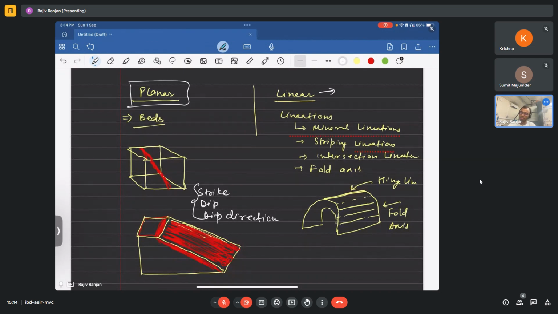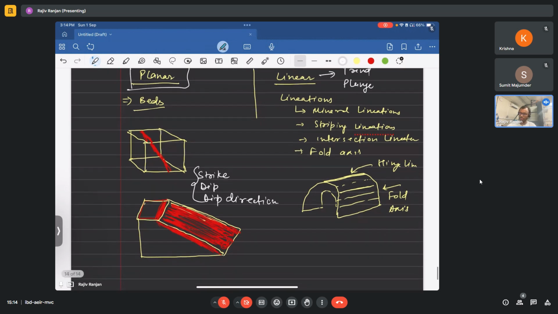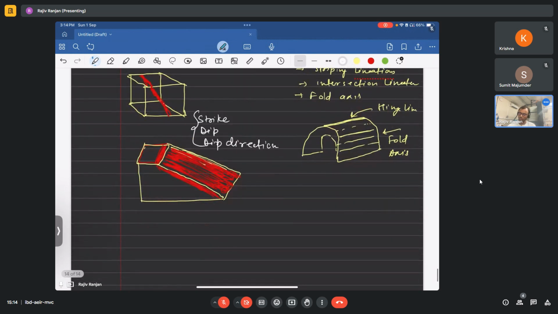In linear features, we measure trend and then we measure plunge, and there are some other features which we will discuss later. So strike is what? If I draw a hypothetical horizontal plane, the intersection between this bed and this horizontal plane, this green line, will be your strike.